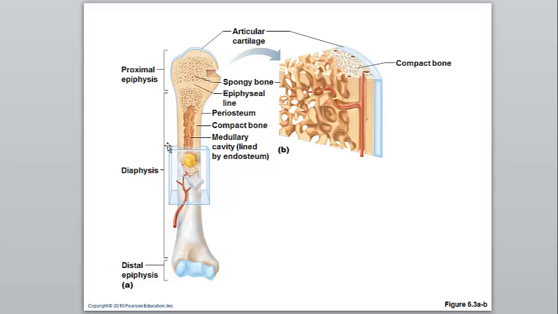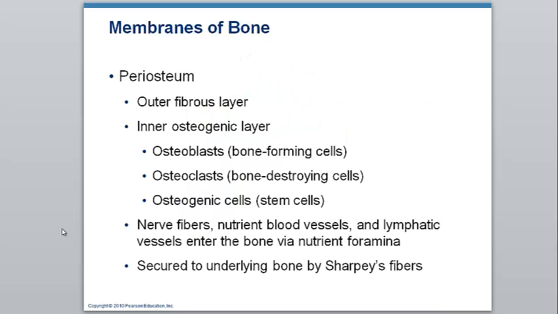Each bone is covered outside by a layer called periosteum. Endosteum is found inside, periosteum is found outside. Periosteum is a double-layered membrane, and inside the medullary cavity is where you're going to see your bone marrow. This is yellow bone marrow. It is not functional, it just stores fat. That basically is the structure of your bone.